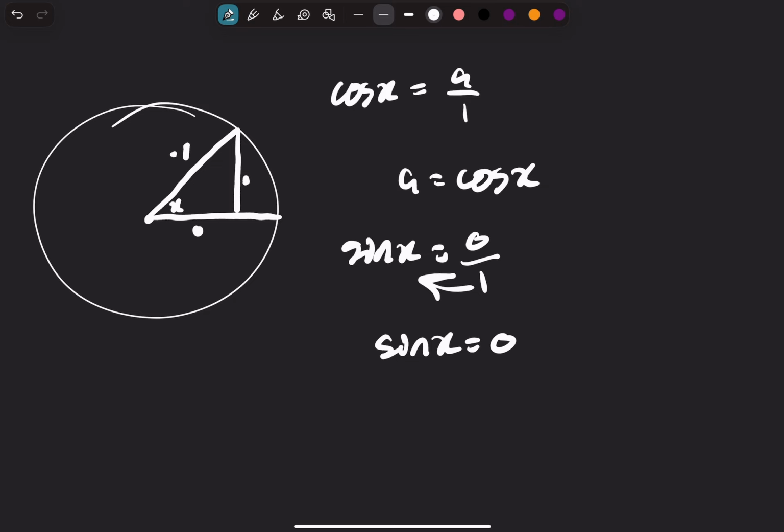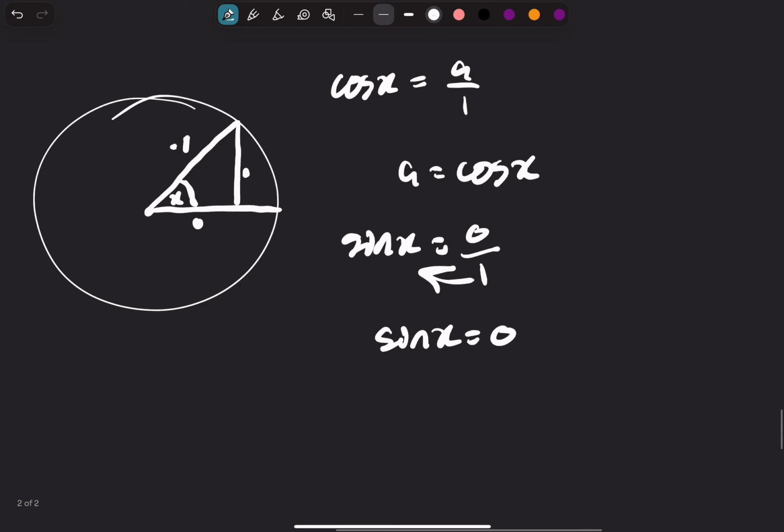So for any angle x, as long as our hypotenuse is length 1, which we know it is because the unit circle has radius 1, the adjacent side is cos x, and the opposite side to angle x is sine x.